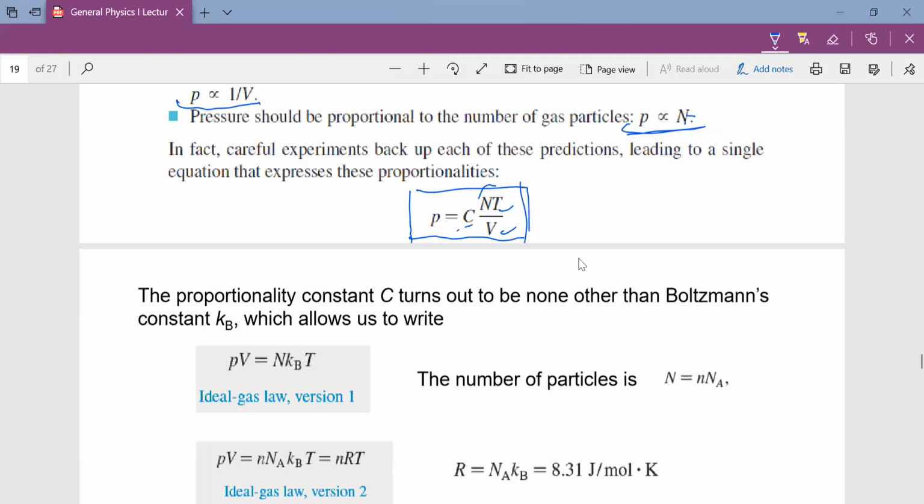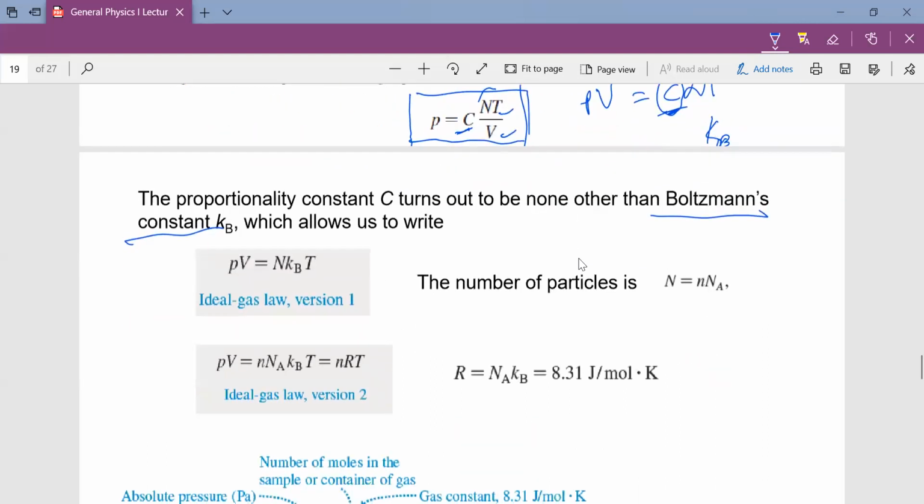So C here is standing in like the Boltzmann constant. If you make this the subject of formula, it is PV equals C N T. Since C is standing here like the Boltzmann constant, we can replace it with the value of the Boltzmann constant, since that is already established.